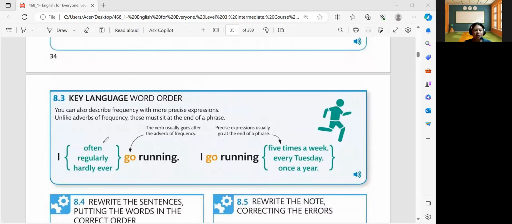Now, I have a question for you. Can you give me an example, at least one sentence, using the word often? For example, I often go to the beach. Okay, what else? I often go to school. Okay, how about regularly? I regularly cycle to school.